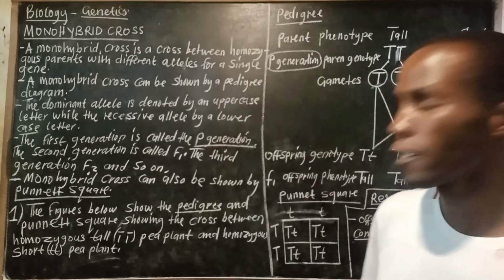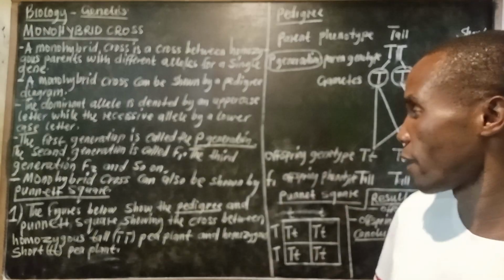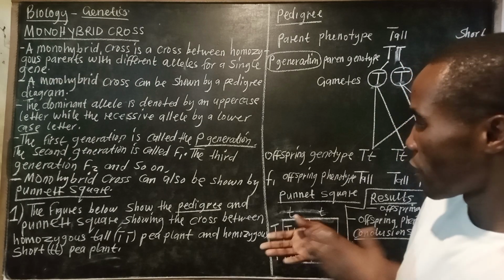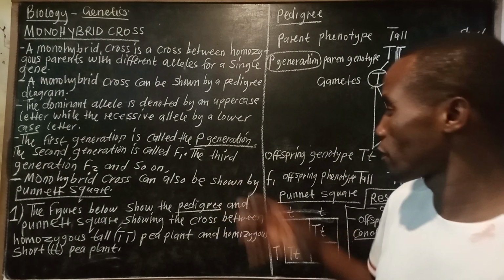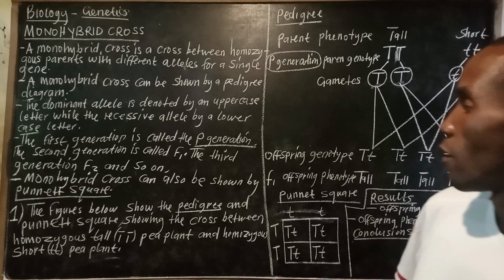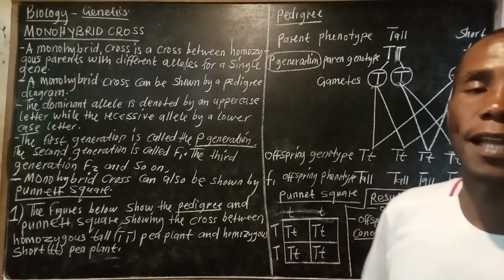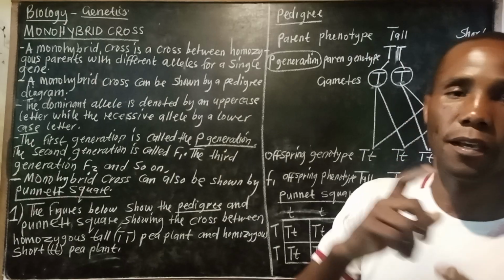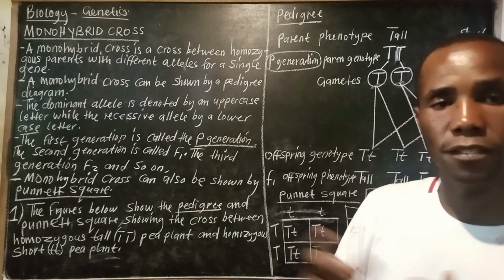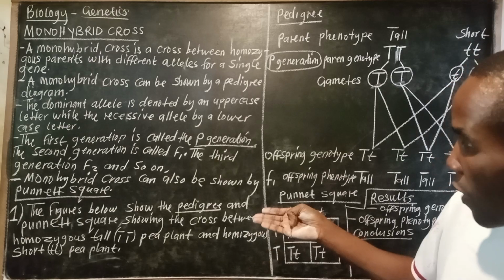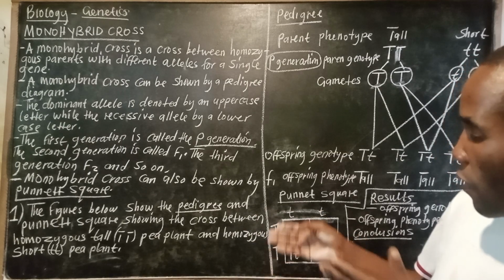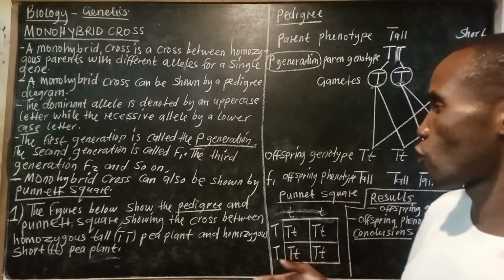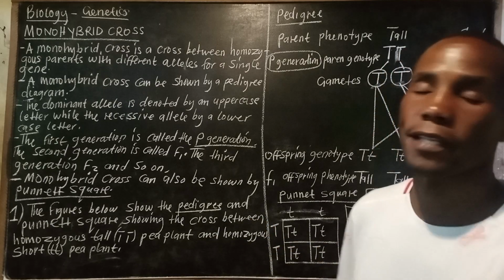The dominant allele is represented by capital letters, then the recessive allele is represented by small letters. The capital letter is the dominant allele, which is the tall plant, and homozygous short is the short plant.